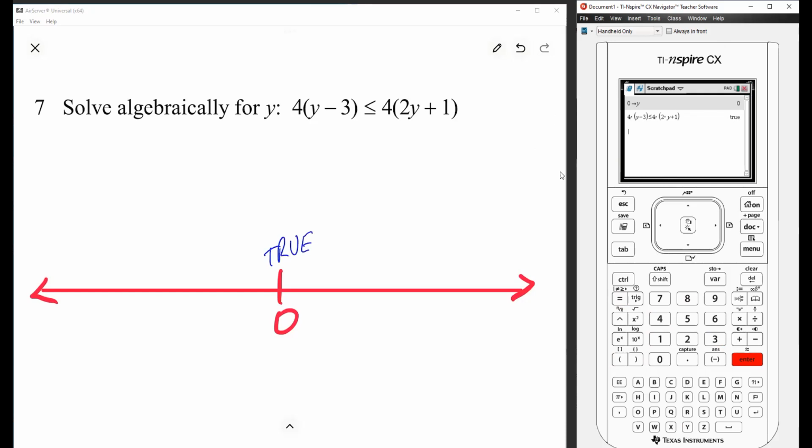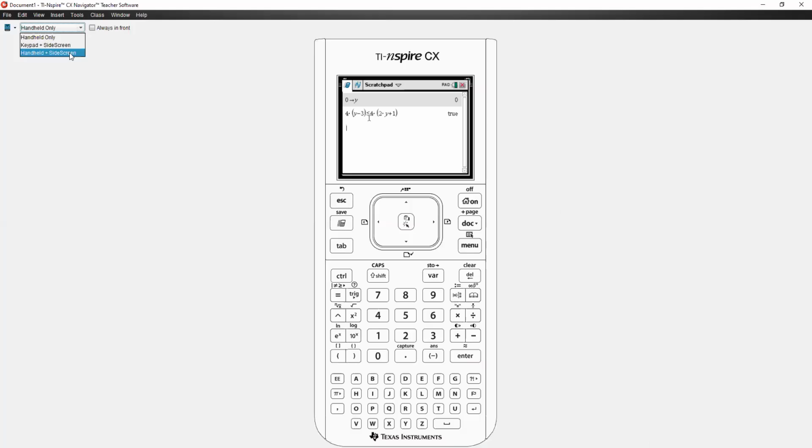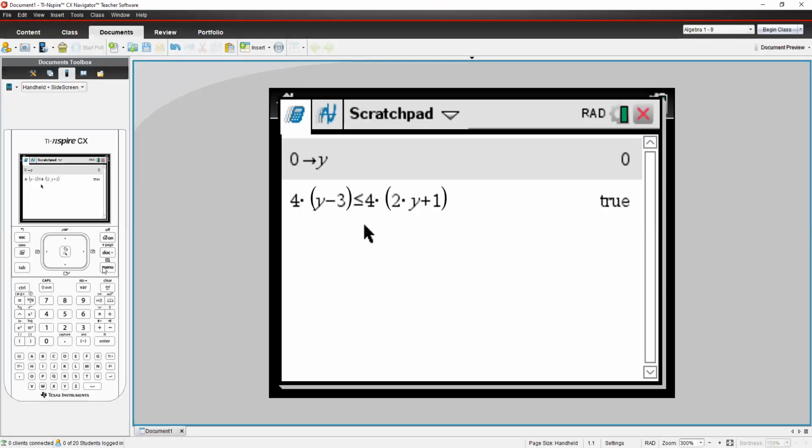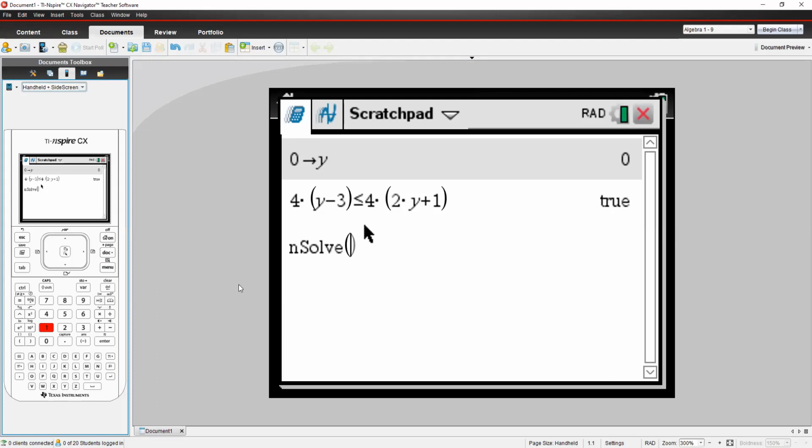Now, all we need to do is find the boundaries. And the way that we're going to do that is we are going to use nSolve. So I'm going to do menu 31, and then I'm just going to type in the inequality. So it's going to be 4 parentheses y minus 3, close the parentheses.